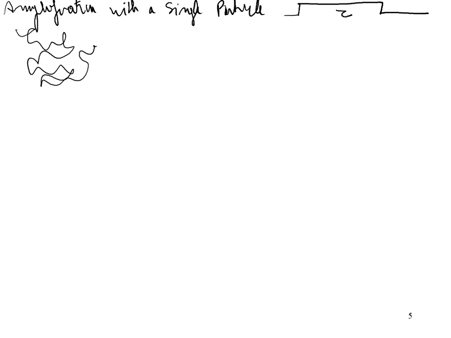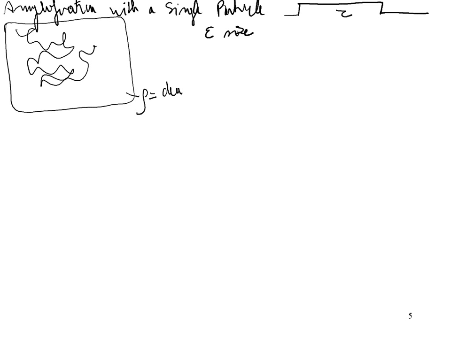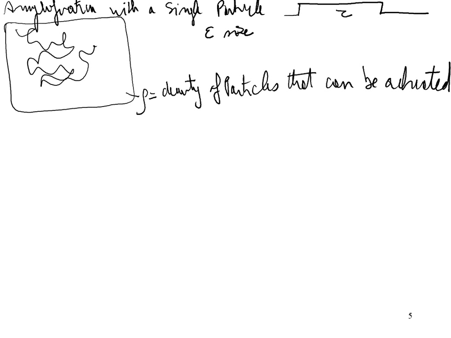Suppose the size of the particle is epsilon, and it makes a Brownian motion in an environment where there is a certain density rho of particles that can be activated. So this particle, let's call it P star, can activate them when it hits them.